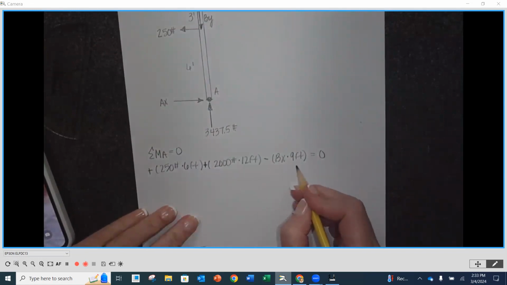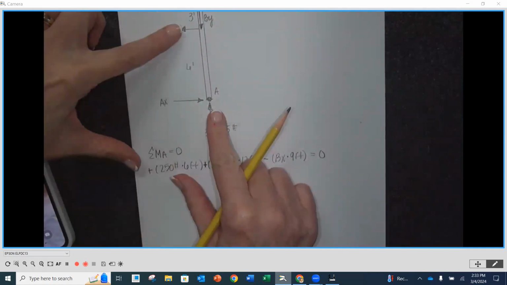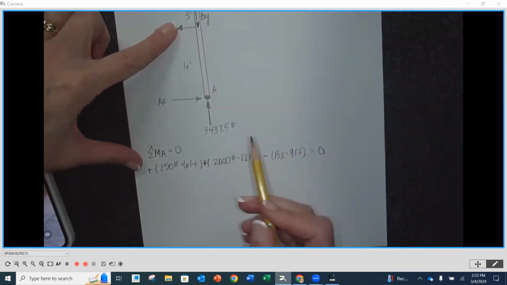So as I look here, I've got 250 times 6 feet, positive out front.